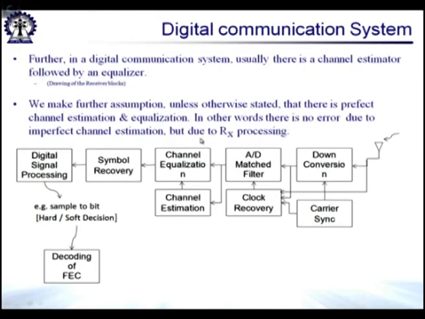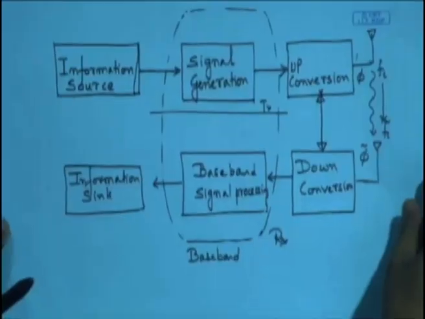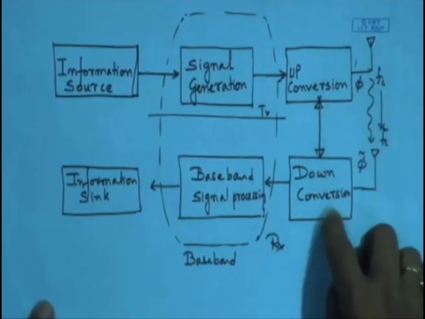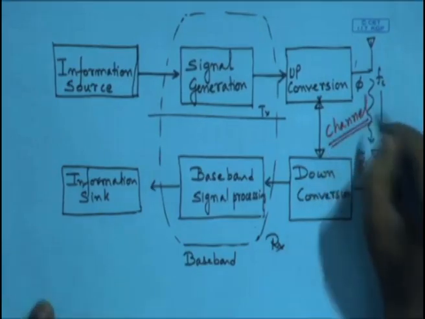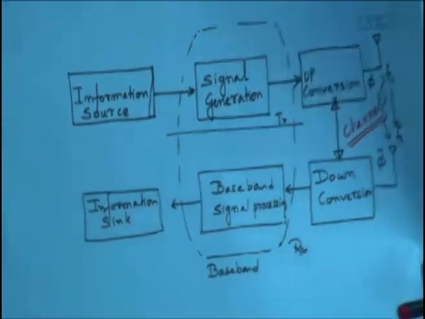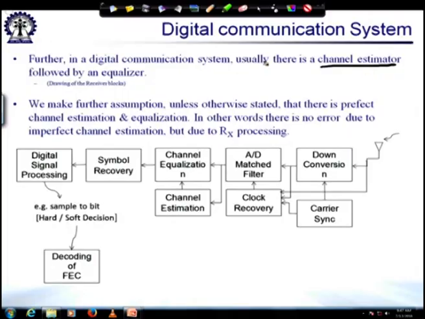We move on to the next important assumption about digital communication systems. Typically, in a digital communication system, we have the channel estimator, because between the transmitter and the receiver there lies the channel, which is for us to overcome. Typically, there is a channel estimator which is followed by the equalizer.